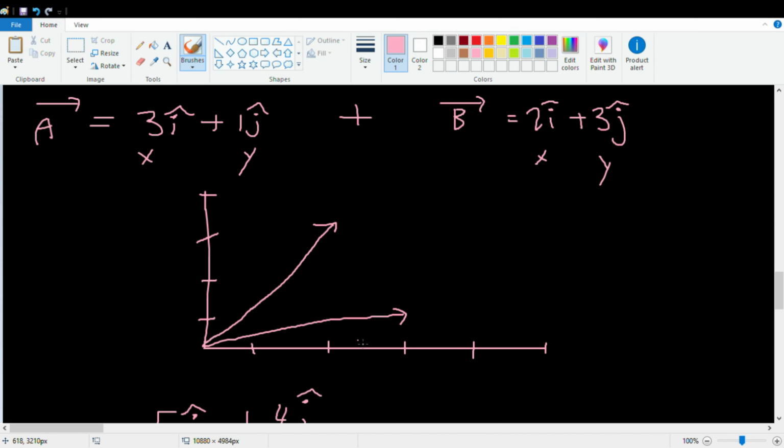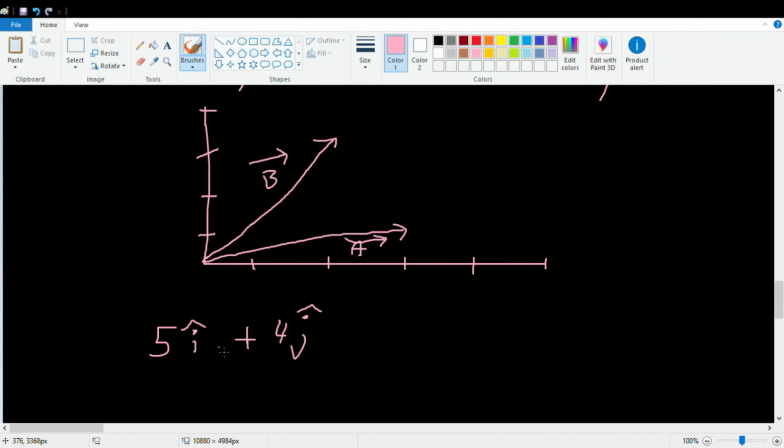Let me label these, actually. Now, we have A plus B, which is 1, 2, 3, 4, 5, 1, 2, 3, 4. Right there. Oh, dang it. Okay, let me try it again. Oh, that is our new vector.